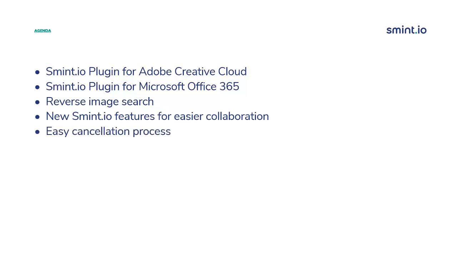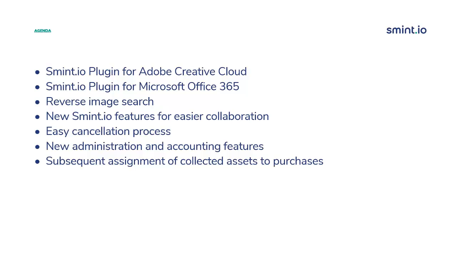Then we will look at the solution for a very cumbersome thing, which is the cancellation process. We will then also shortly visit a few administration and accounting features introduced to Smint.io shortly, and a smaller feature at the end, which is the subsequent assignment of collected assets to purchases. Then we will go into the roadmap and look into the future.